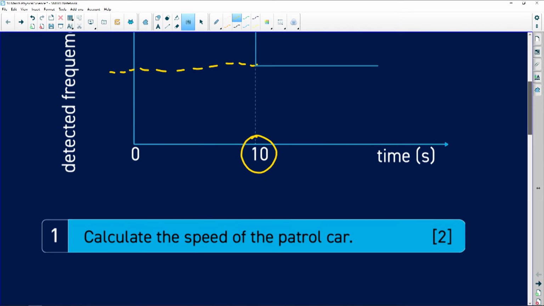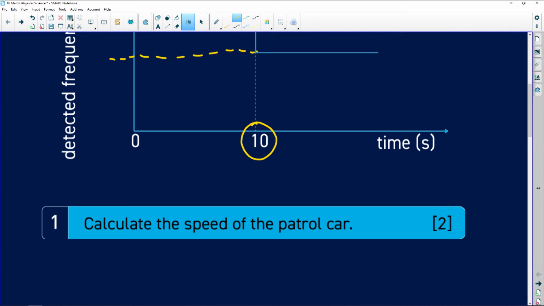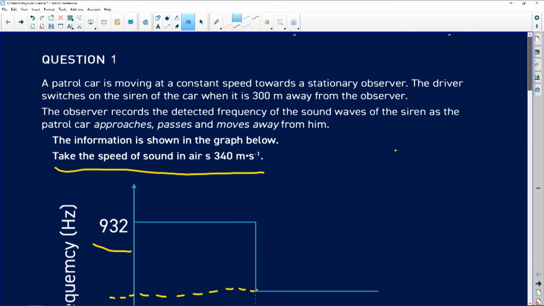Now, first question, calculate the speed of the patrol car. What information did they give me? They told me we were working at a constant speed. So with a constant speed, we know it's not accelerating. They've given me the displacement, the distance, which is 300 meters. So let's make a note.